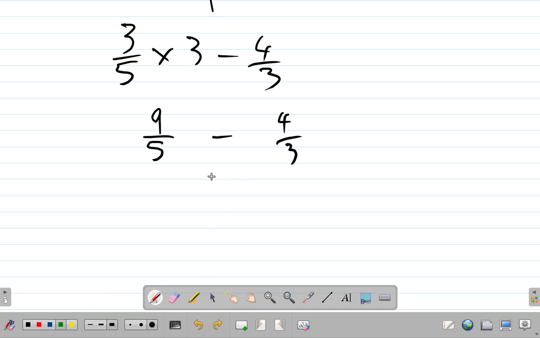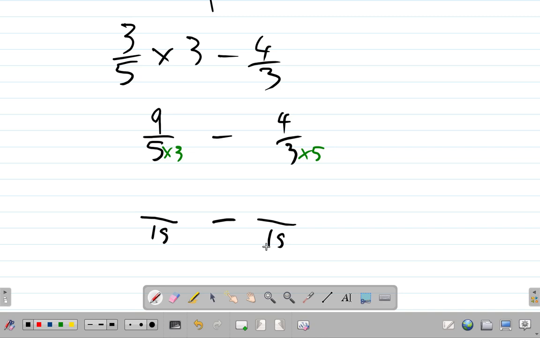Those are different things. Now, let's get everything down to common denominators. If you multiply 5 by 3 and multiply 3 by 5, then what you will get is something divided by 15 minus something else divided by 15.